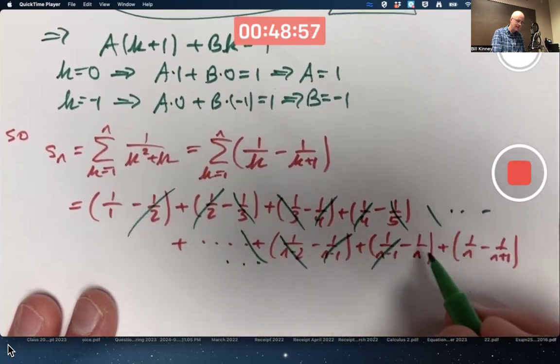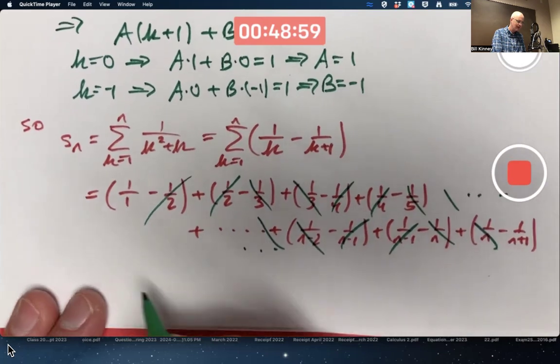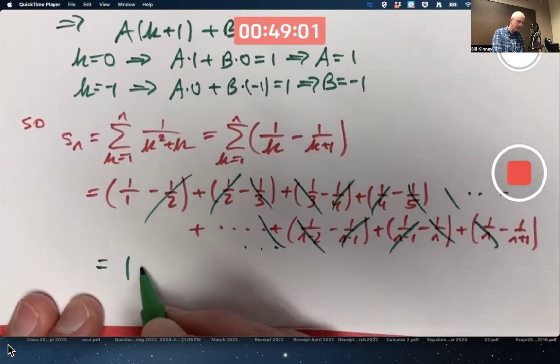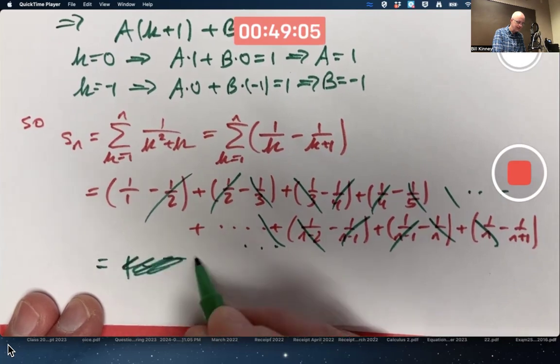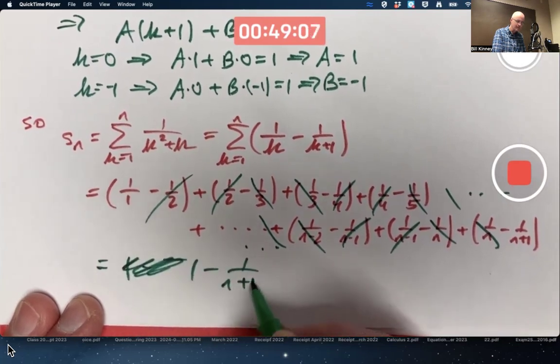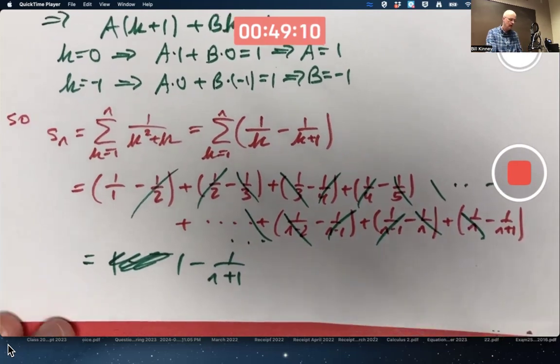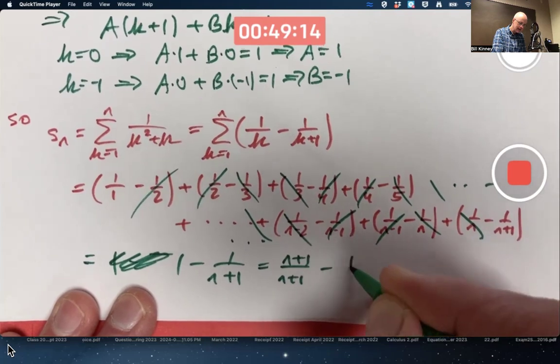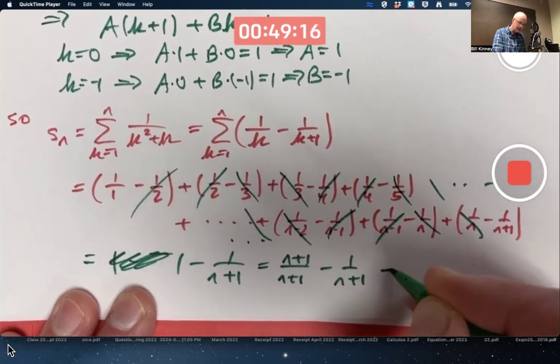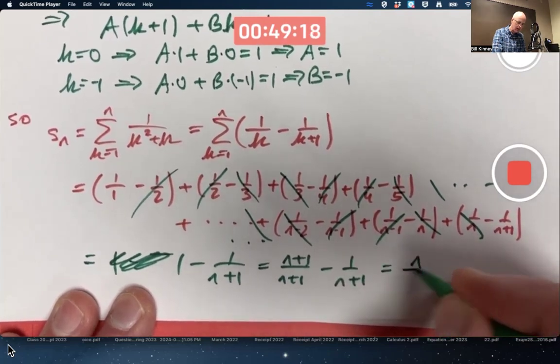Something there, those cancel, these two cancel. And I'm left with a simplified formula for Sn of 1 over 1 minus 1 over n plus 1, which can also be written as, when you subtract these fractions, cancel the ones up top, n over n plus 1.